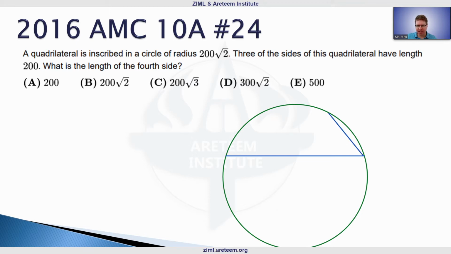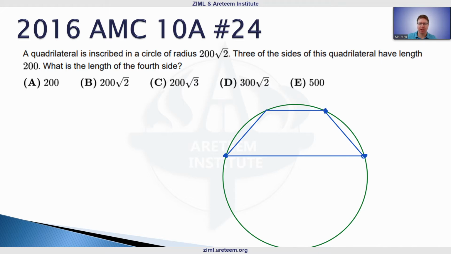And then we have these three sides of equal length on the other pieces there. So those three sides have the same length in this scenario. And we know that they're all of length 200. Let's not worry about that at the moment. We'll come back to that later.